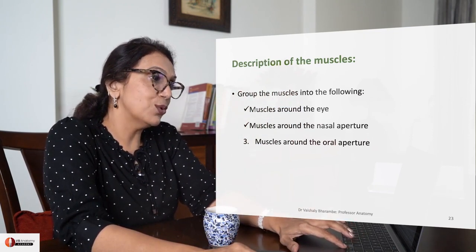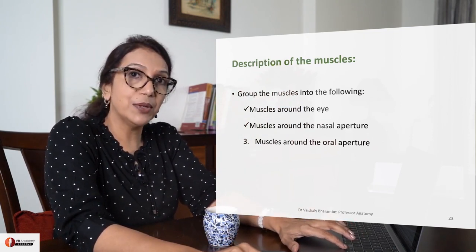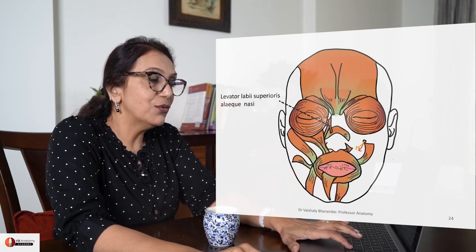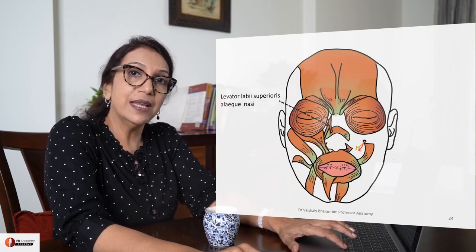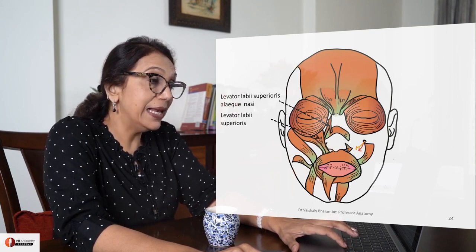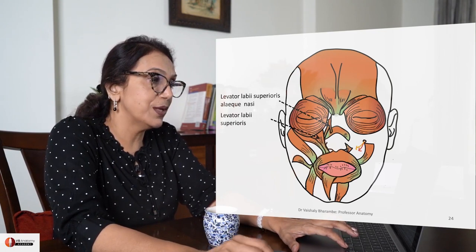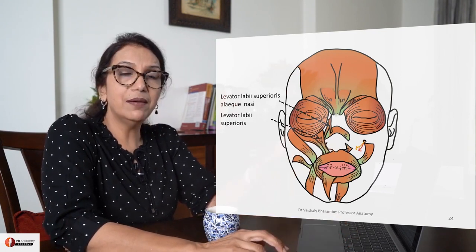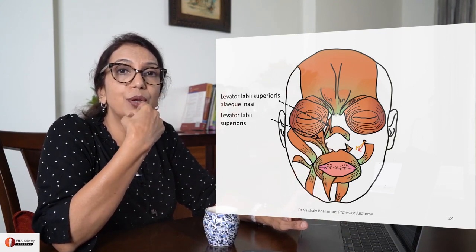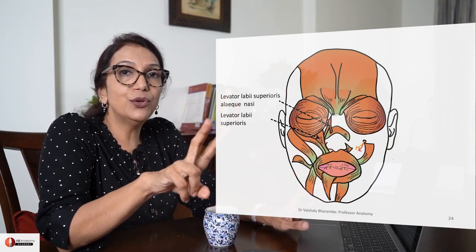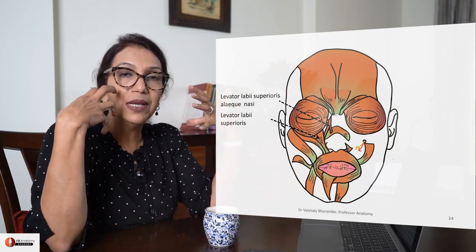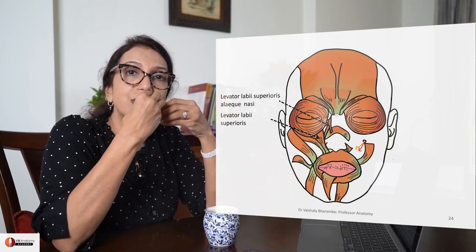Okay. Now let's go to muscles around the oral aperture. I want to introduce these muscles to you first, then we'll talk about them. Levator labii superioris alaeque nasi, levator labii superioris. Remember, the muscles controlling your oral aperture are divided into two types: muscles that are dilators, opening your mouth, and muscles that are constrictors, closing your mouth.